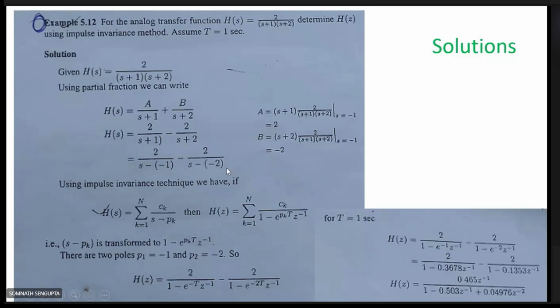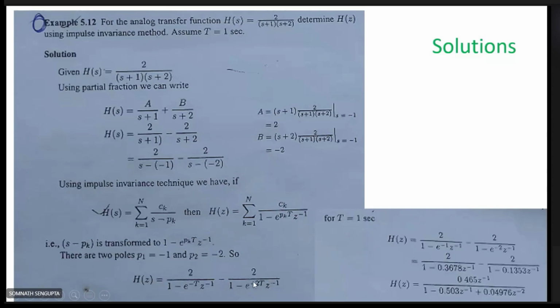With this, there are two poles located at minus 1 and minus 2. So you write those two values. So H(z) will be what? That is 2 by 1 minus e to the power minus T, pk T. So pk in one case it is minus 1, and in another case it is minus 2.